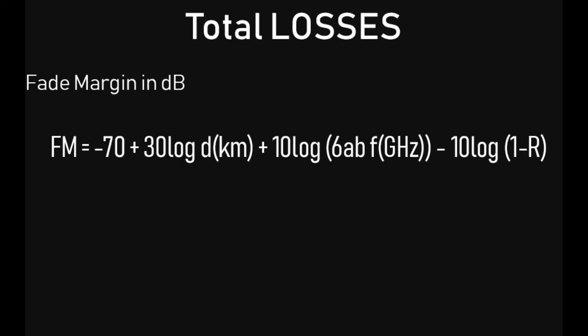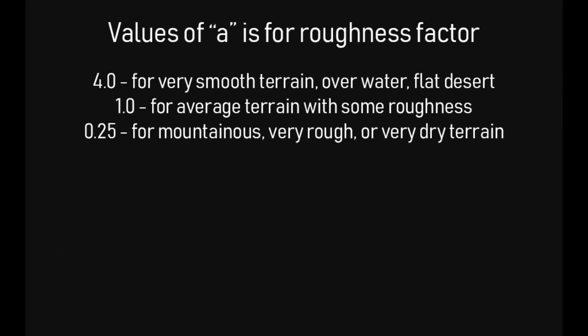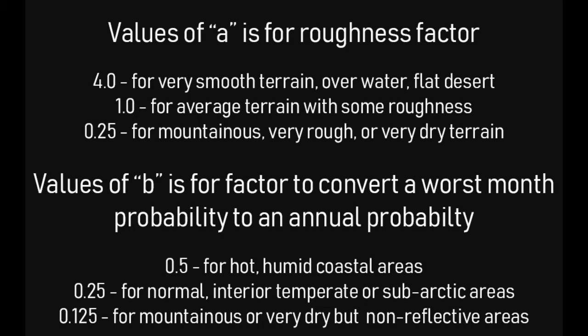In getting the fade margin, we'll use negative 70 plus 30 log times distance in kilometers plus 10 log times 6AB times frequency in gigahertz minus 10 log times 1 minus reliability. For the values of A and B, A is the roughness factor while B is the factor to convert a worst month probability to an annual probability.